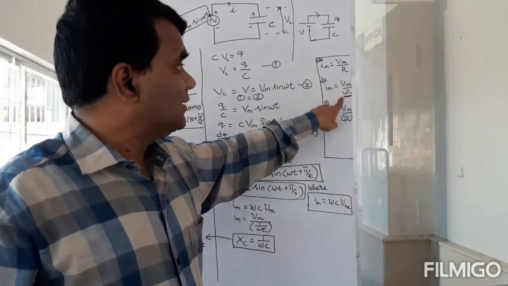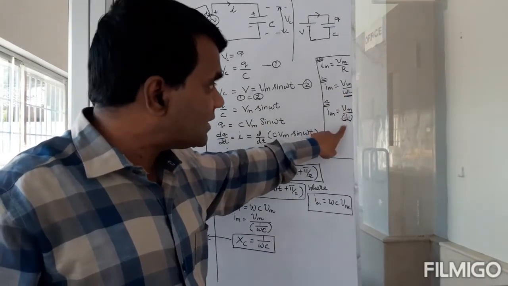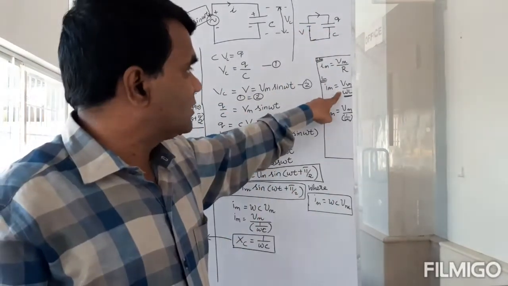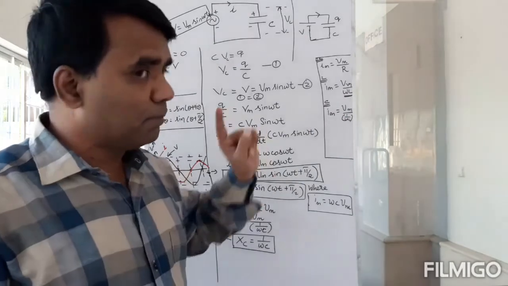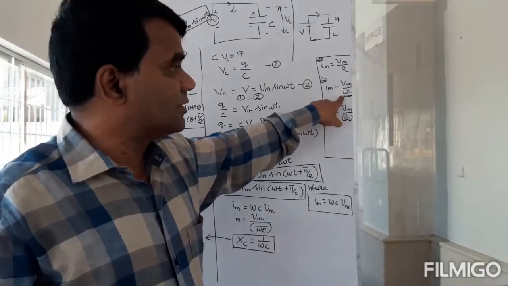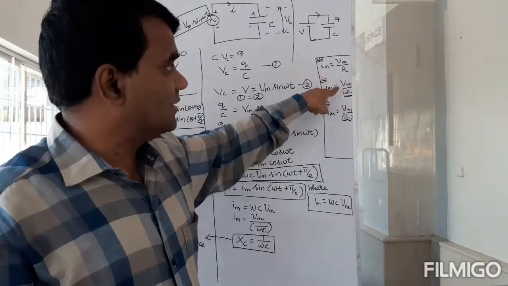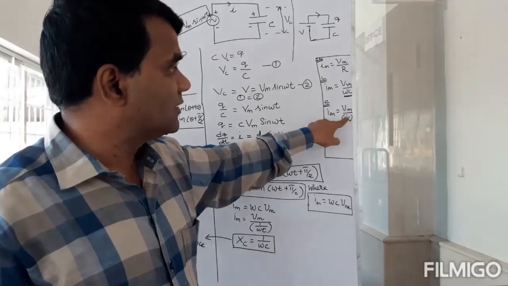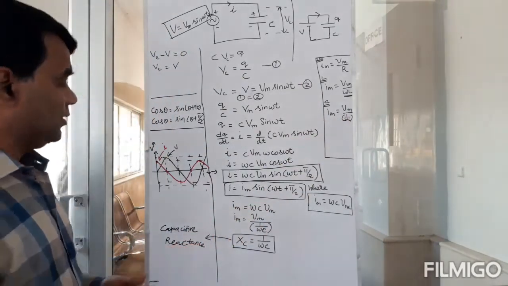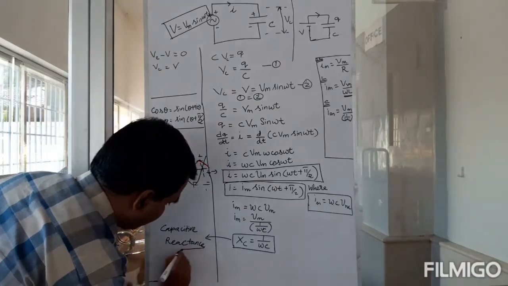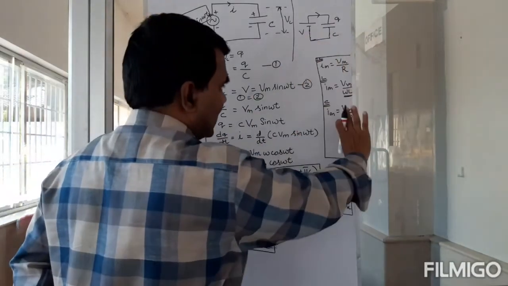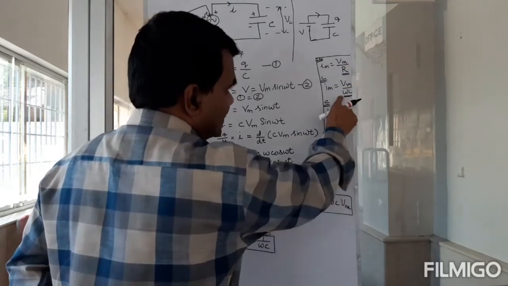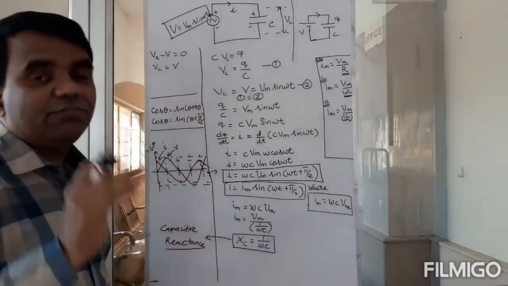This is resistance, this is reactance, and this is also reactance. But this reactance is due to induction, so you call this inductive reactance. And this reactance is due to capacitor, so you say that it is capacitive reactance. But basically, it is reactance. This is inductive reactance, and this is capacitive reactance.